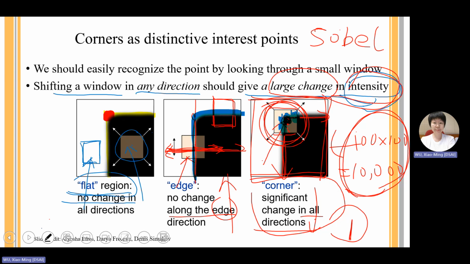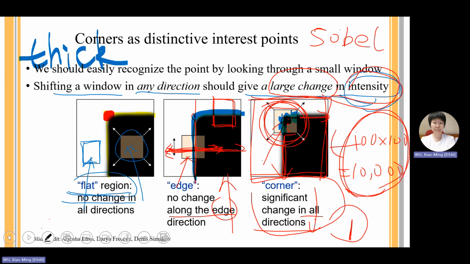For edge detection, after we compute the gradient magnitude map, remember what we do?